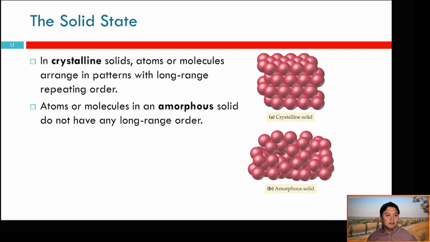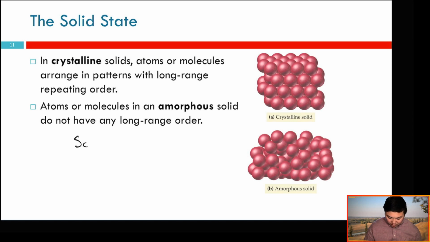Yeah, we'll do. So part of the reason I don't think there is a set definition for all solids or all liquids is that in solids we have two different types of solids, right? I'll write this down here.